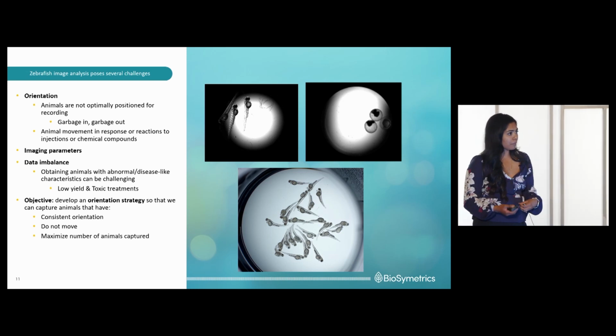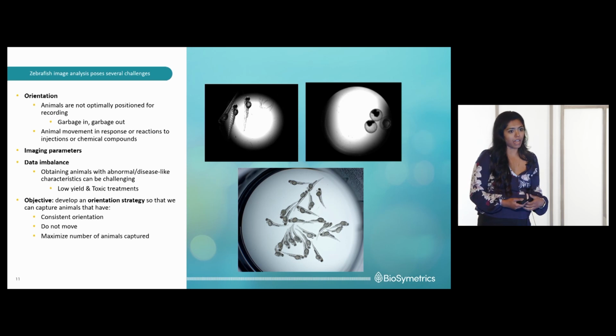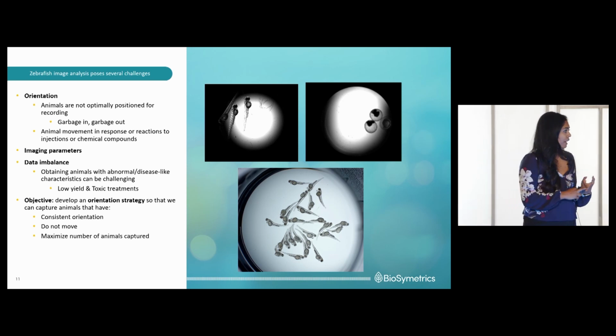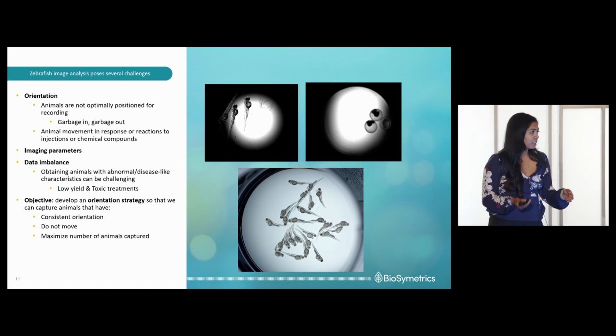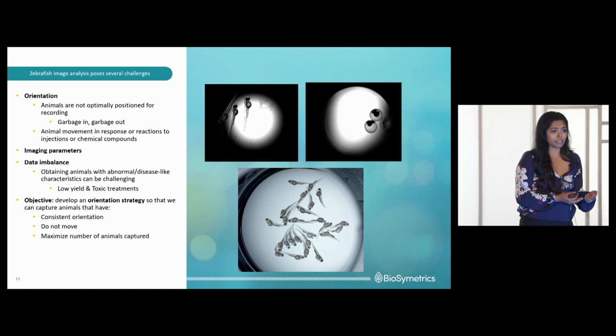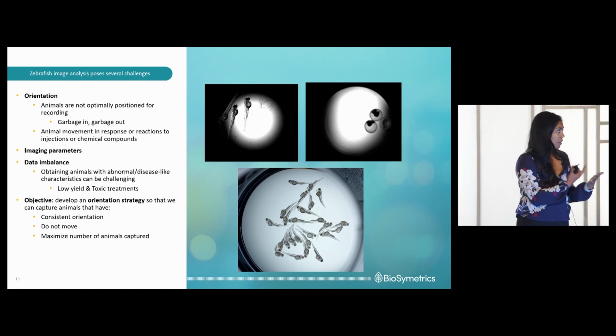But with live organisms, this adds another layer of complexity. You're not able to orient the fish. The fish might move in different directions. They might even overlap, making the transparentness of that fish unusable. You can't necessarily use that data if there's two fish on top of one another.